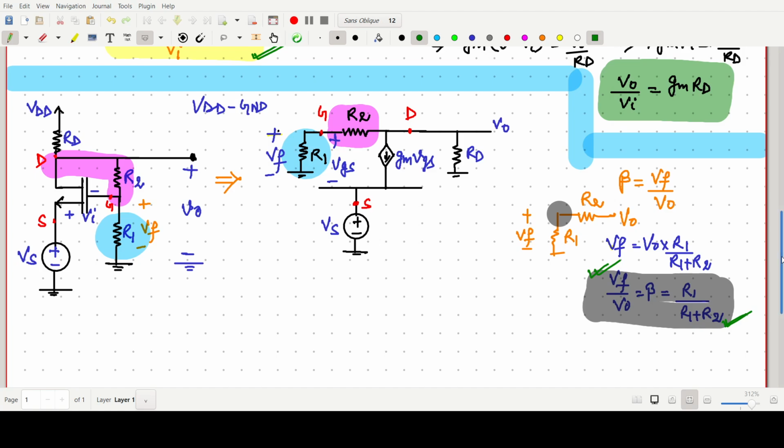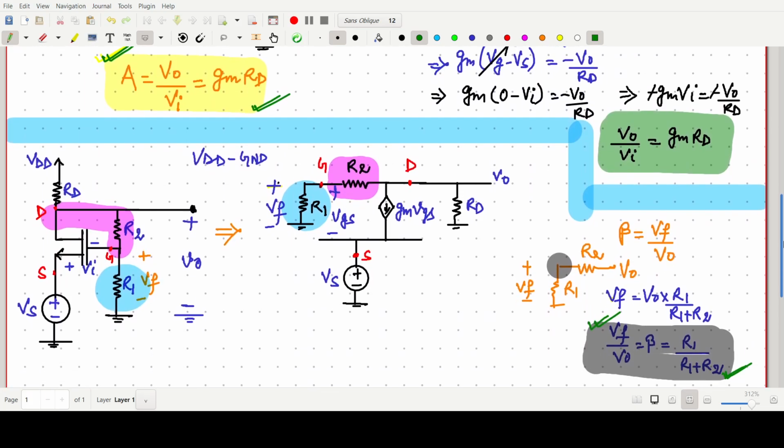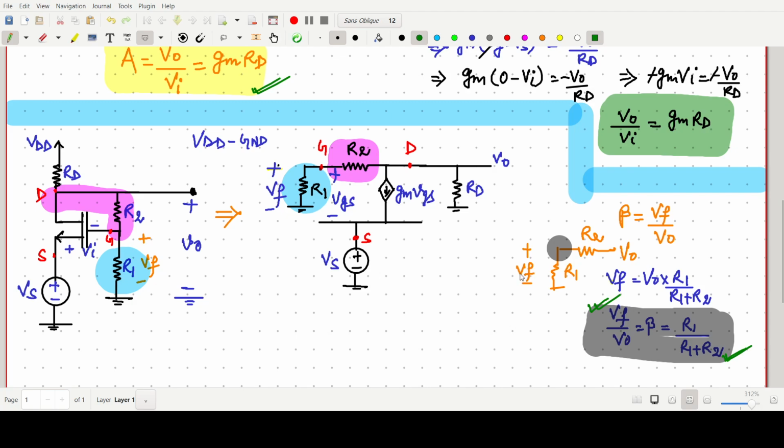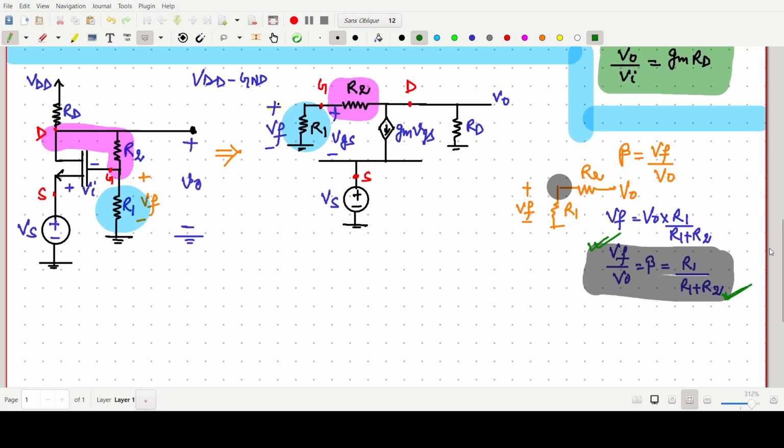Now the third part. Third part is what? Find the overall closed loop gain. This calculation we did for the feedback factor.